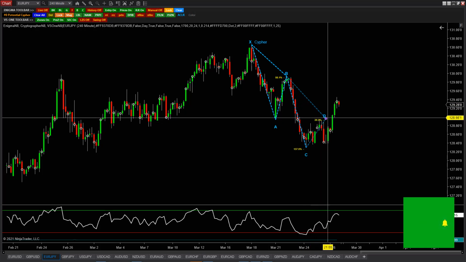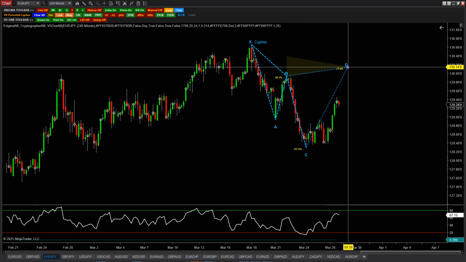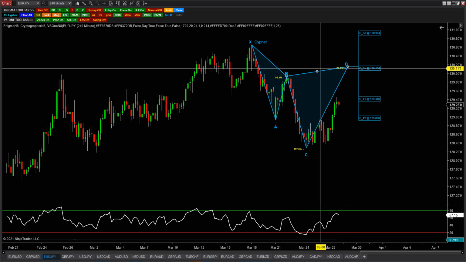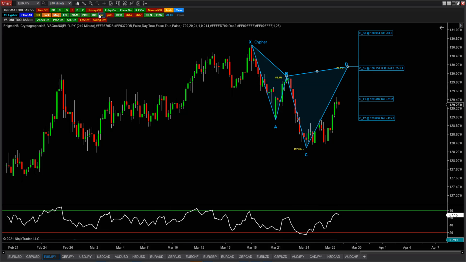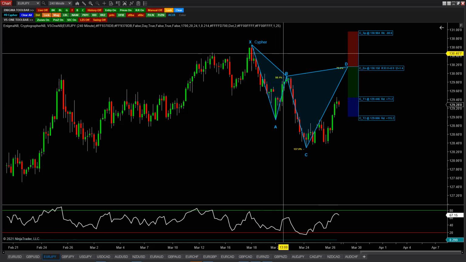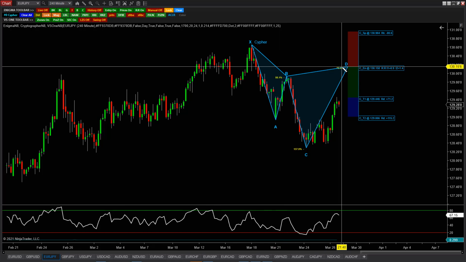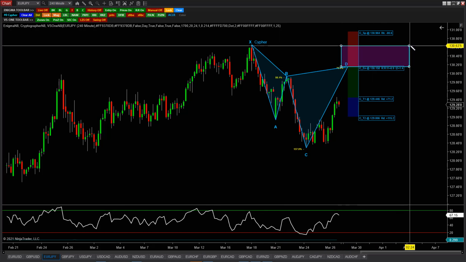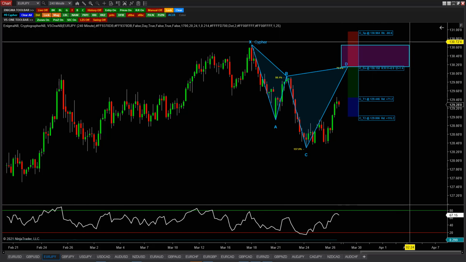And then for the D completion, we need to rally all the way back up above the B to our 786. And that's going to give us a potential bearish Cypher, with that zone being from the D completion right here all the way to the X leg. And once that X leg is violated, then the pattern is violated and it should no longer be taken.